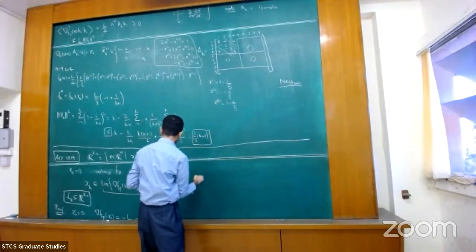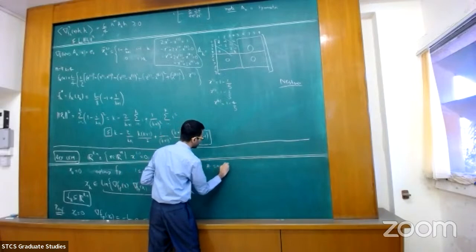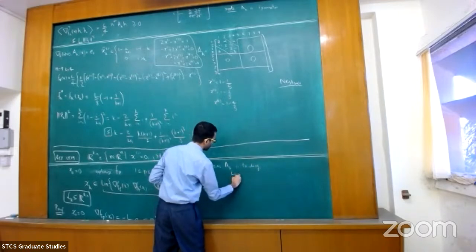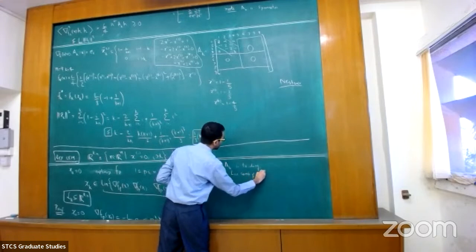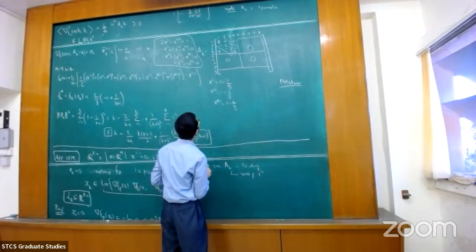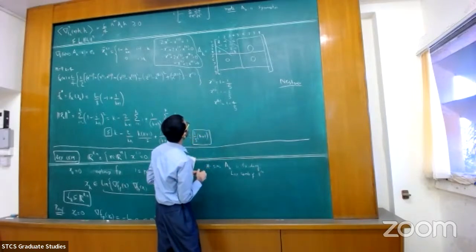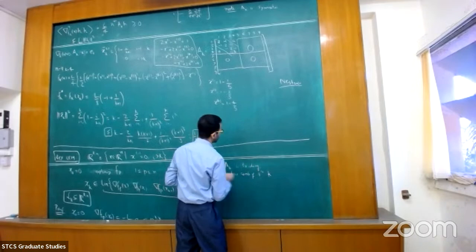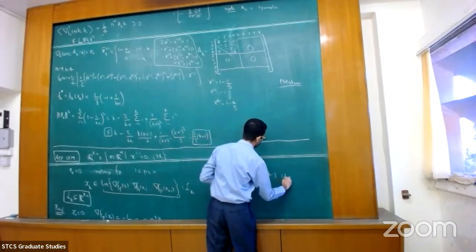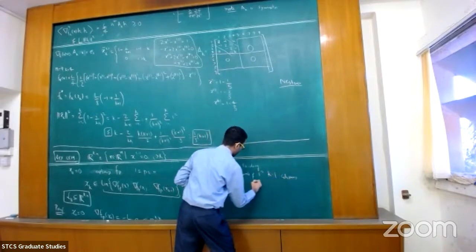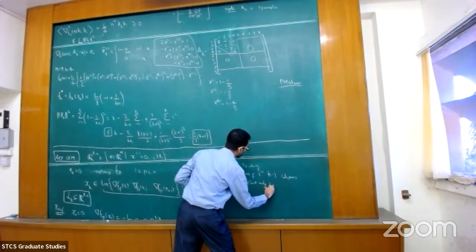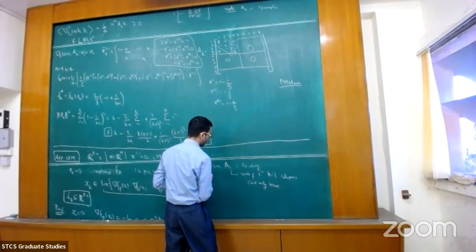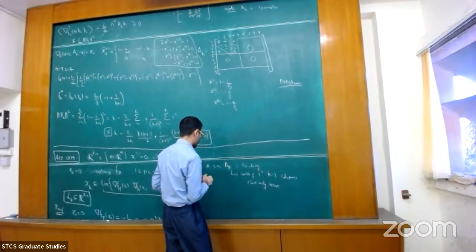Am I off by one? No, I think it's fine. The matrix is tridiagonal, so it's A, B, C, the triangle.